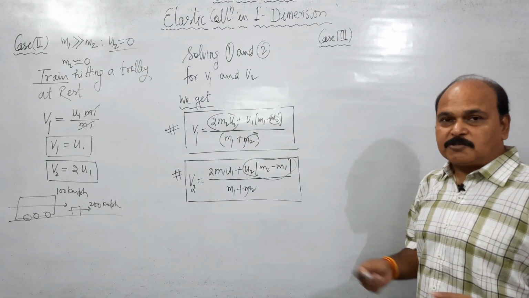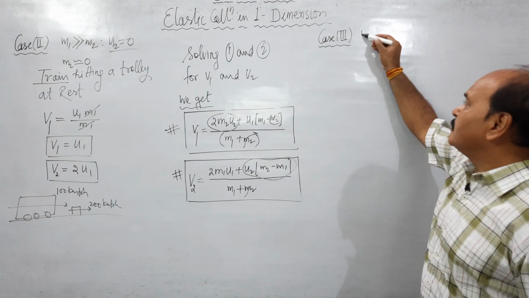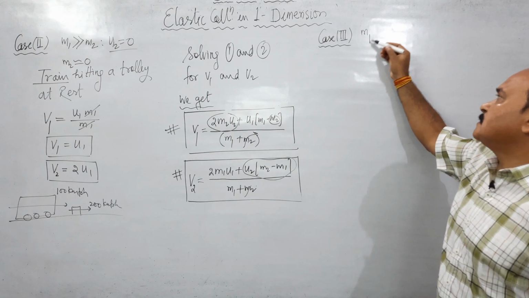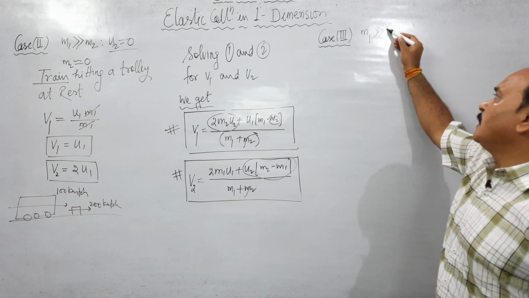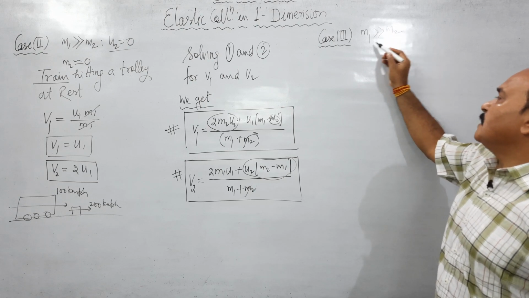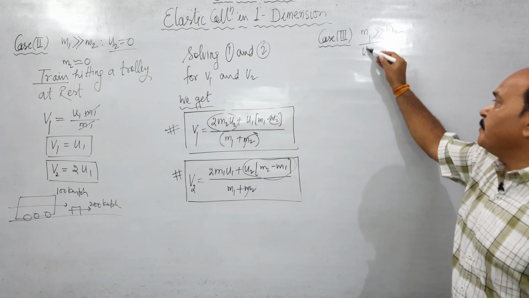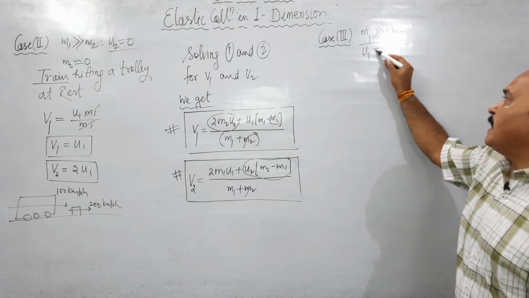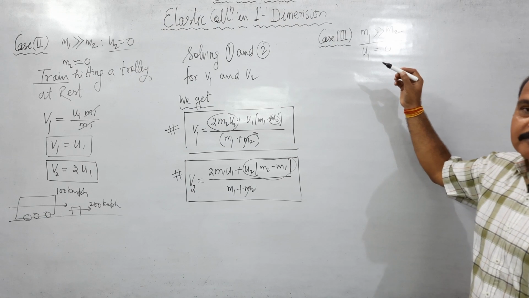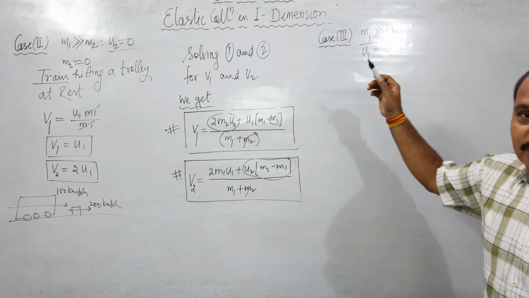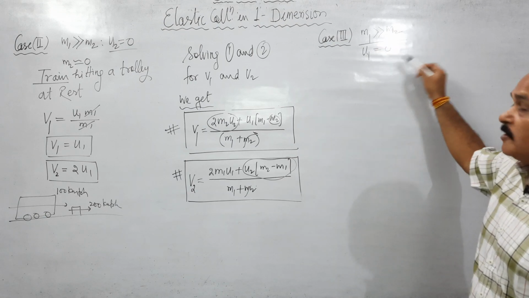Well children, in situation 3, we have a very heavy mass colliding with again a very light mass. m1 is much greater than m2, and this time this heavy mass is at rest. So what is happening here? This is the mathematical statement.